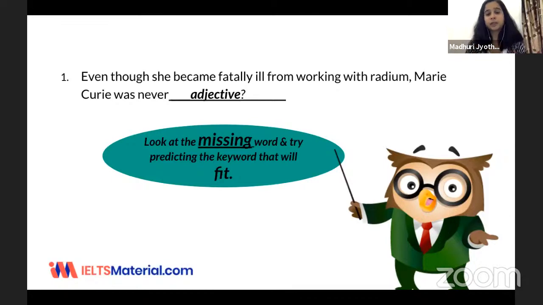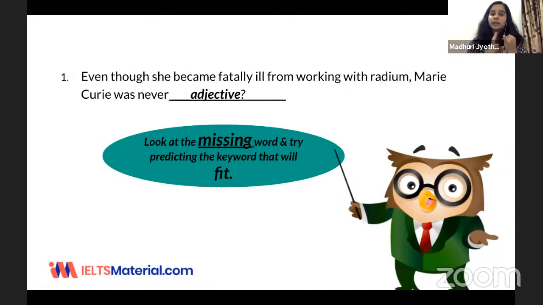Could it be an adjective, a noun, it could be anything, even a preposition. You have to try and guess. It does not mean you have to put in that word, but guessing the word that would fit in would help you, when you're reading the lines, to spot the actual word.